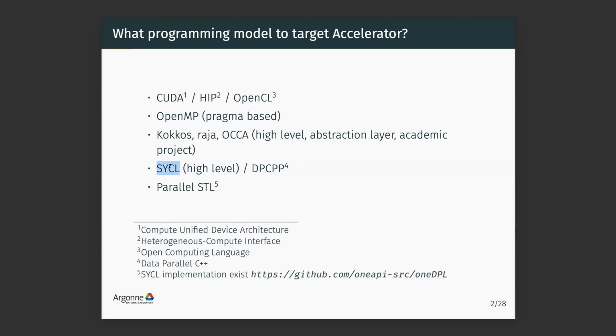SYCL is the name of the language, like OpenMP, and DPC++ is the Intel implementation of SYCL. It means Data Parallel C++, not the best name, I think, but it is just the implementation of SYCL from Intel. They add some extensions. I will talk a little bit more about it later.